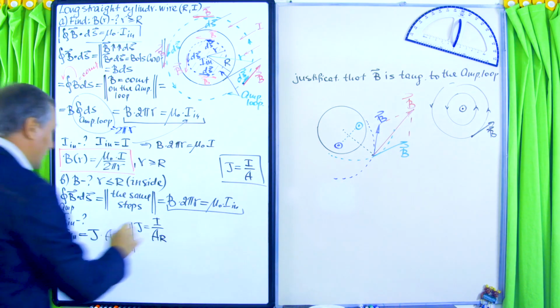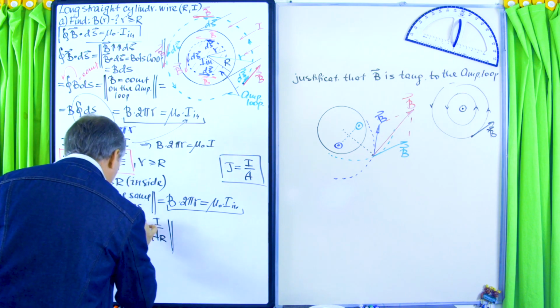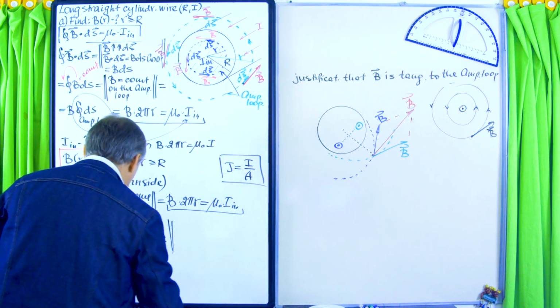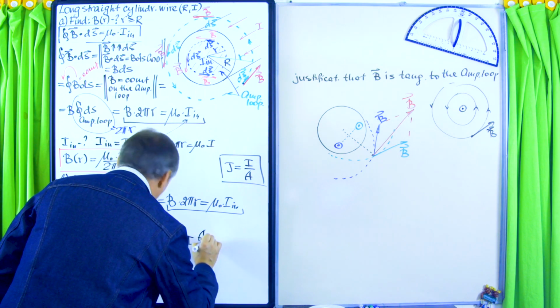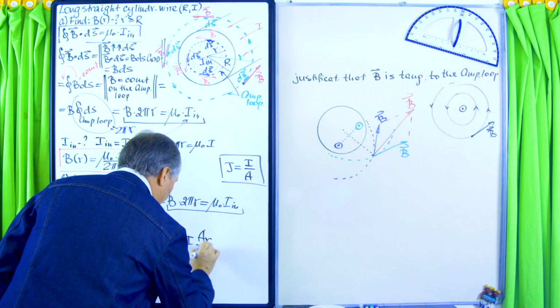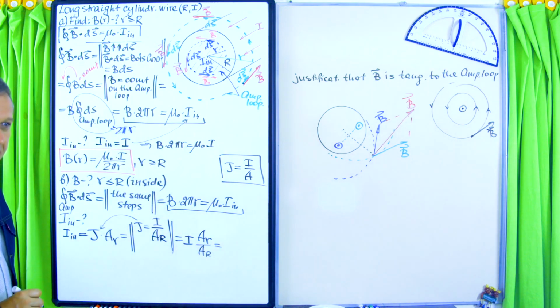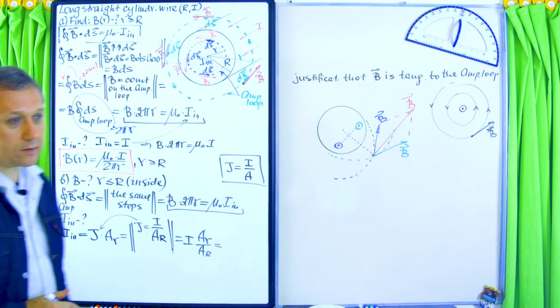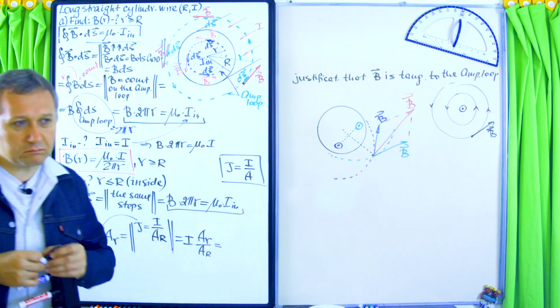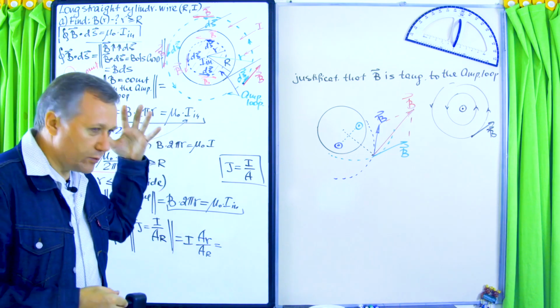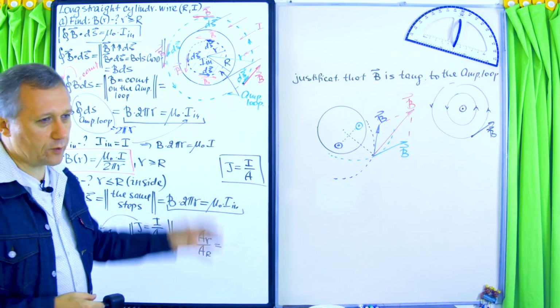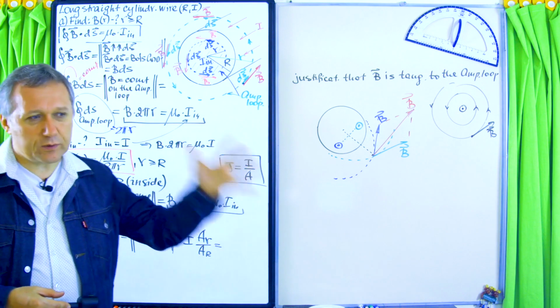Right? Okay, so now let me plug it in. All right, and as a result, I will have I and the ratio of these areas. Area of the circle. Again, guys, be careful because quite a few students every semester make silly mistakes using, I don't know, the circumference of a circle or the area of a sphere or something else, right?